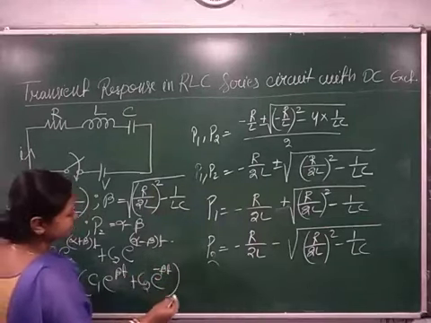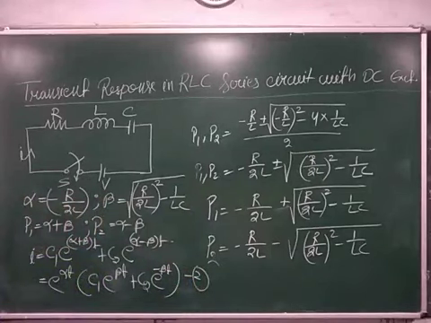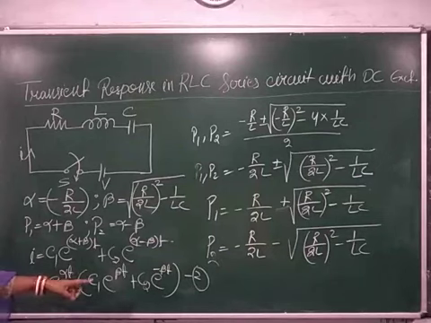Okay, this is equation number 2. Equation number 2 represents the output equation of current I. It is the output equation or time equation for the RLC series circuit. Here C1 and C2 are the constants.